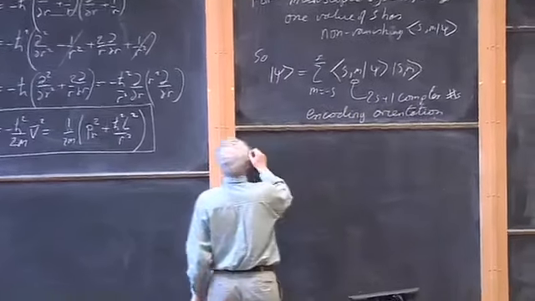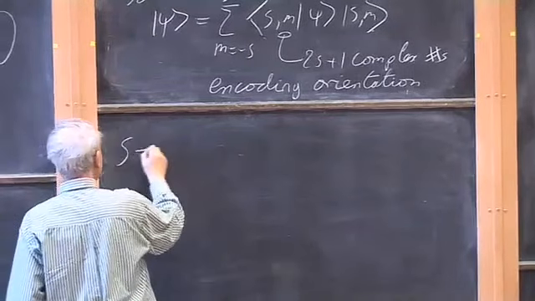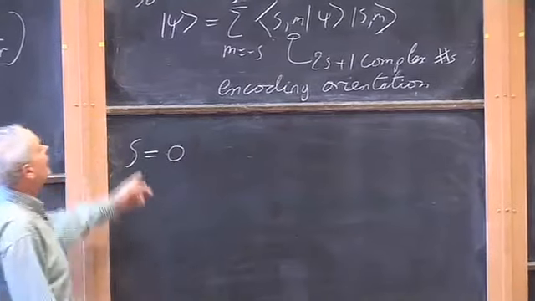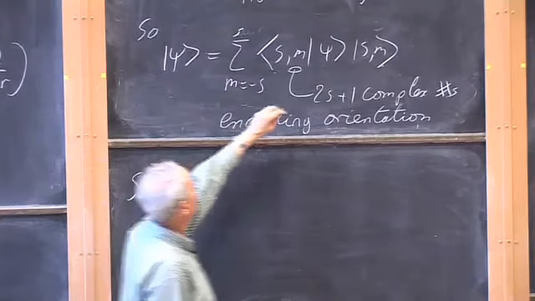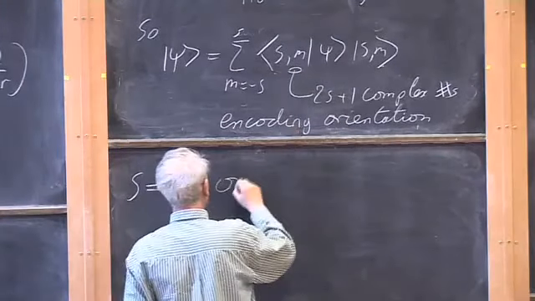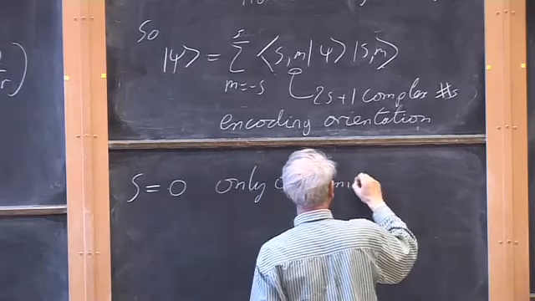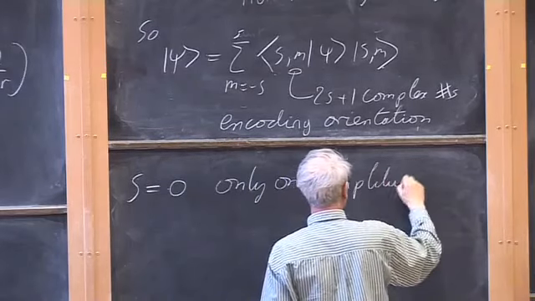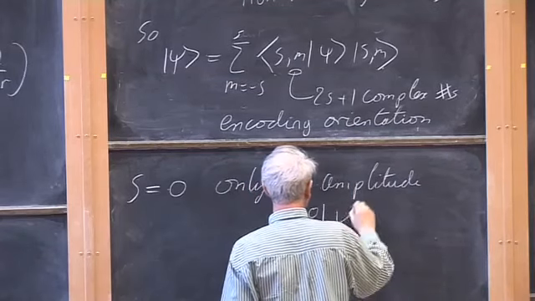Okay, so let's consider the various cases. The case S equals 0. In other words, if the only occurring thing here is |0,0>, there's basically no information. There's only one amplitude, the state of your system.